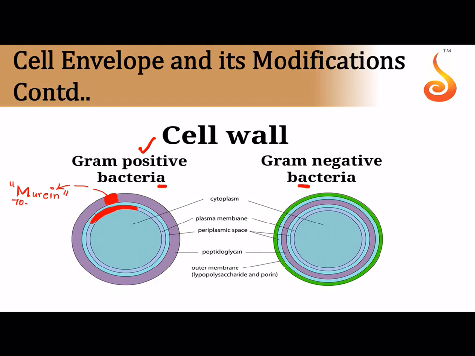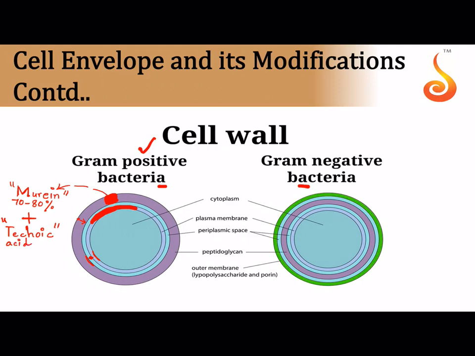Okay, so it has almost 70 to 80% of peptidoglycan in this surface layer, which is very thick in the case of gram positive bacteria. And you all can see a gap that is present between the plasma membrane and the cell wall. This gap is referred to as the periplasmic space, and along with murein, the cell wall also has a special chemical in it which is referred to as teichoic acid.